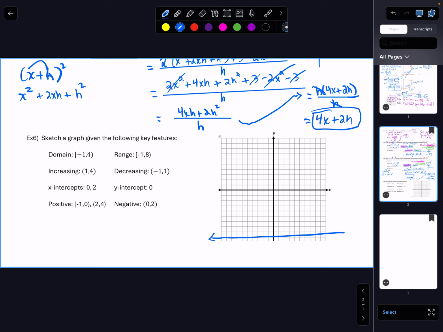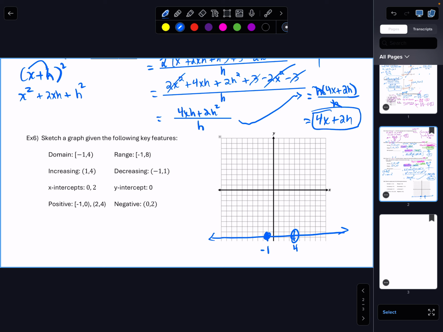So I have a domain of -1 to 4. So -1 is here, 1, 2, 3, 4 is here. The -1 has to be solid, and the 4 is not included. So between vertical lines at -1 and 4, the entire function has to fit. It doesn't get any wider than that.